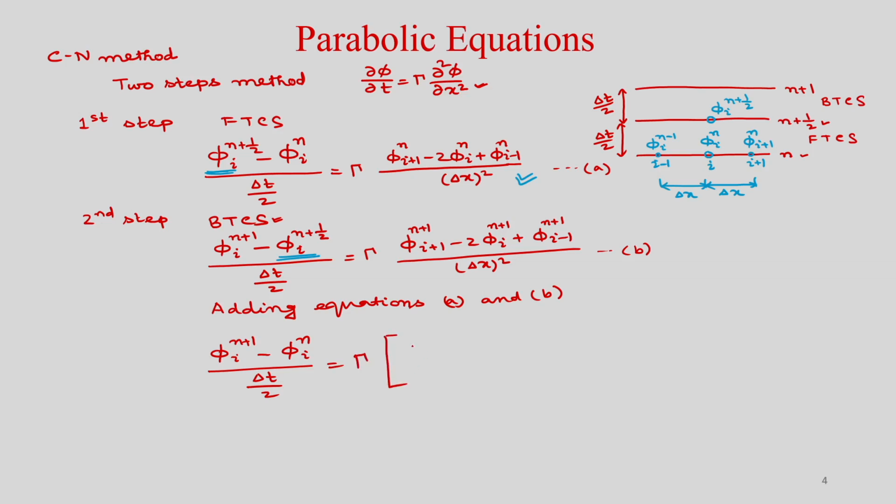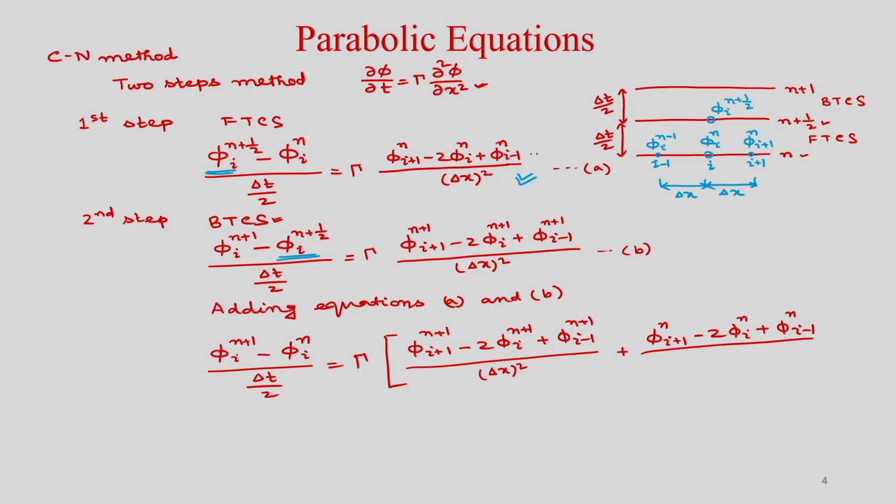Simply you add it: phi I plus 1 n plus 1 minus 2 phi I n plus 1 plus phi I minus 1 n plus 1 divided by delta x square, and phi I plus 1 minus 2 phi I plus phi I minus 1, divided by delta x square, taken at the nth level.